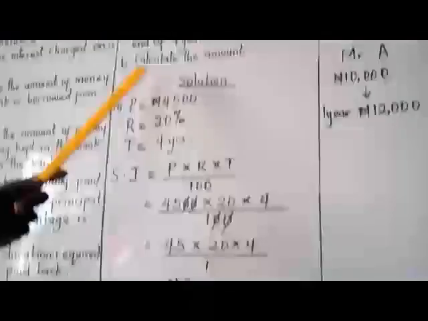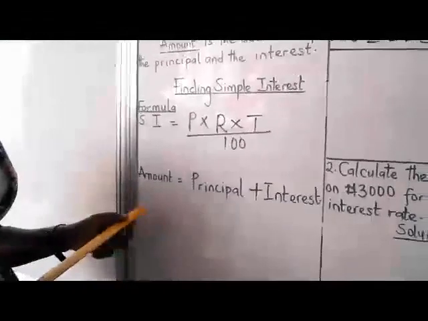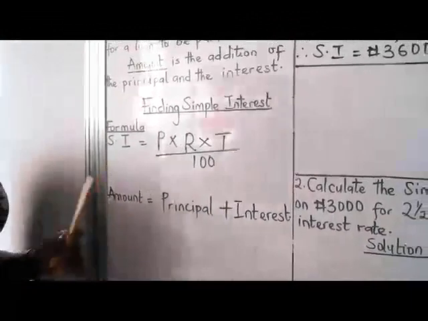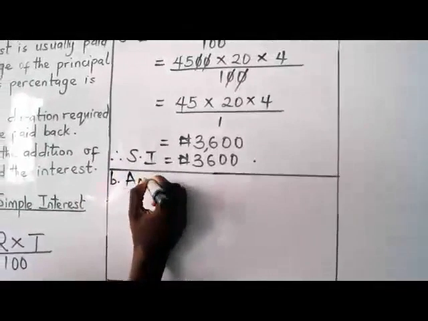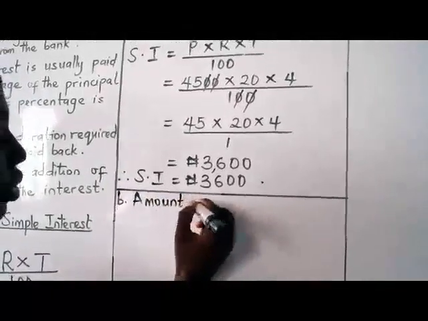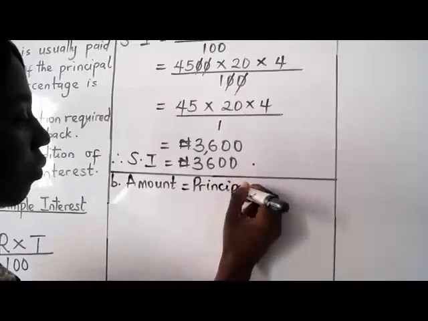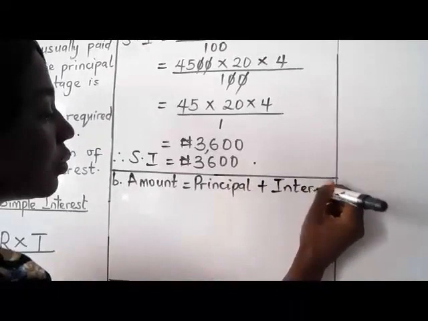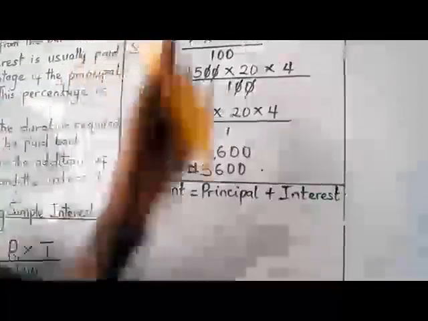Part B of the question says calculate the amount, and you have been given the formula for calculating amount. The formula says principal plus interest. So the formula for calculating our amount equals principal plus interest. So from the question, what is our principal?